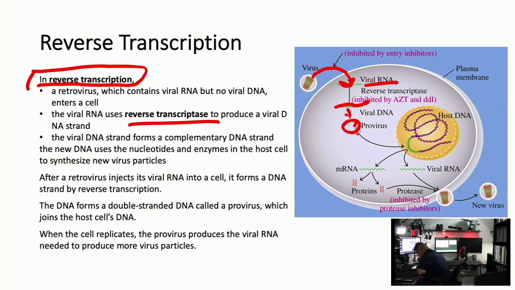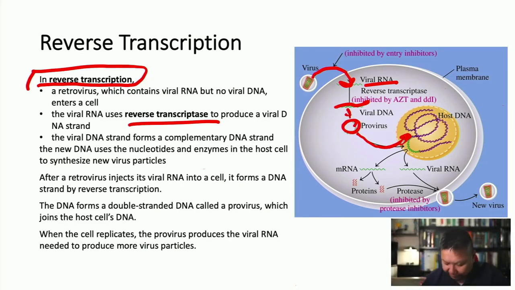This provirus goes into the nucleus of a cell and embeds itself into the genome of the cell, and then produces more RNA and proteins. And then those proteins escape, becoming a new virus.